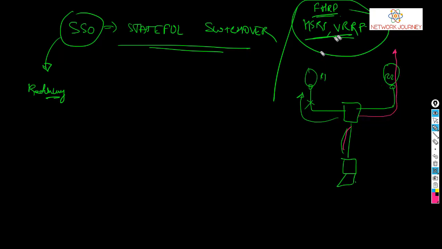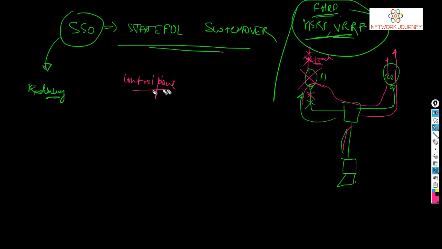HSRP and VRRP were also helping us track this object. If this goes down, the traffic was still sent via this. So that was from the point of link failovers or device failovers. But what about SSO? SSO is from your control plane redundancy point of view.